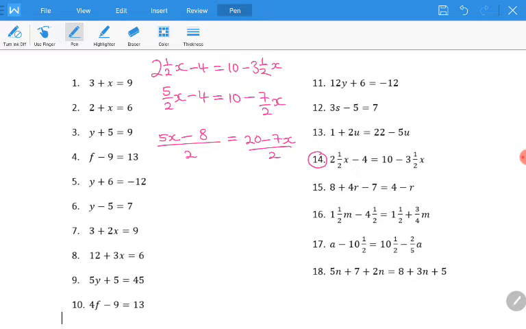Since the denominator for the left hand side is equal to the denominator for the right hand side, we can safely say this then solves to 5x minus 8 is equal to 20 minus 7x.